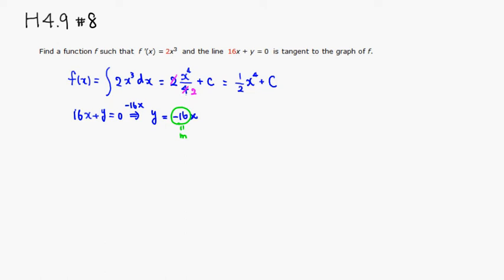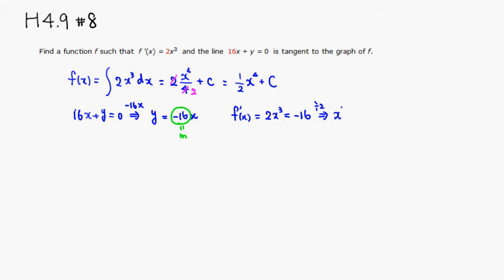So you can see that the slope is actually negative 16. The derivative f prime always tells you about the slope of the tangent line. So we want to find the x value which makes the derivative equal to negative 16. So you have 2x cubed, and we set that equal to negative 16. Then we can just divide through by 2.